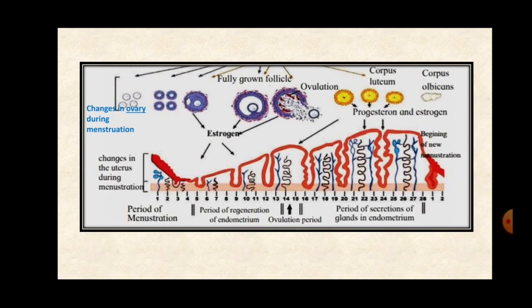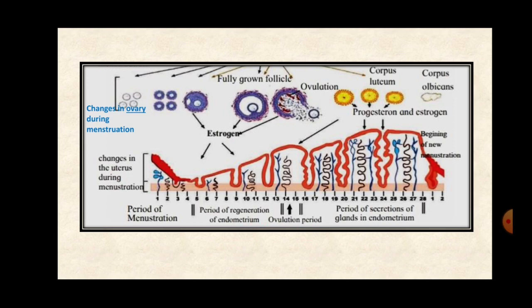Further, let us see. Now how does this follicle develop? It develops under the influence of follicle stimulating hormone. Remember students, I told you this is a hormonal cycle which is totally influenced by hormones. So when the follicle stimulating hormone stimulates the follicle, the follicle along with the oocyte starts to develop. This developing follicle will further secrete estrogen. Try to just understand the connections.